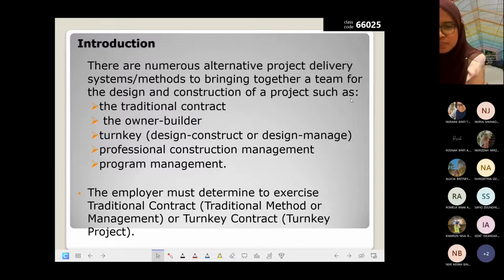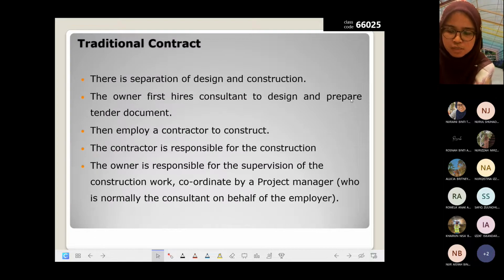Okay, and then turnkey ataupun design and build. So contractor design and he also will build. Okay, bukanlah contractor tu design, maksudnya dia akan pilih dia punya consultant lah. Contractor yang akan decide who going to be the consultant. Okay, then we have professional construction management and also the program management. Okay, so first yang kita akan cover is traditional contract and also design and build.